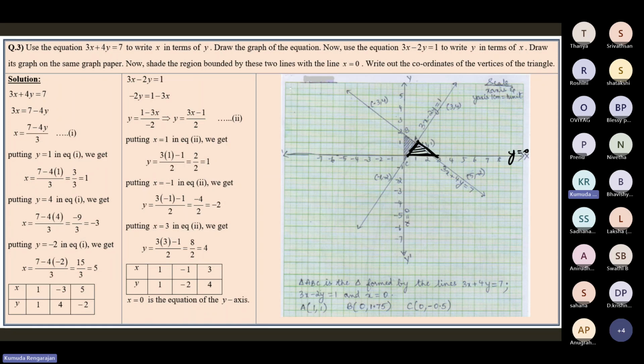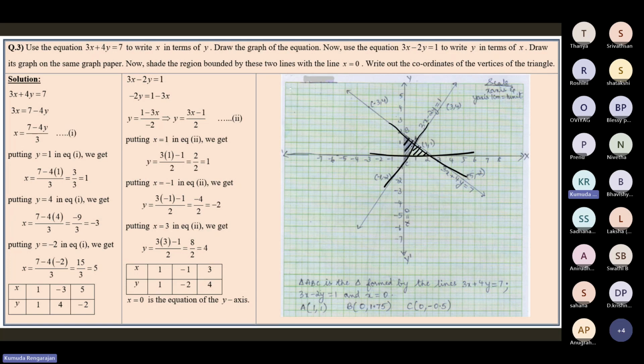This is the part of the other line. One line, other line, x-axis. You can see that this is the triangle bounded by the two lines and the x-axis.